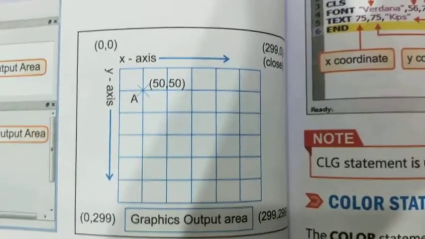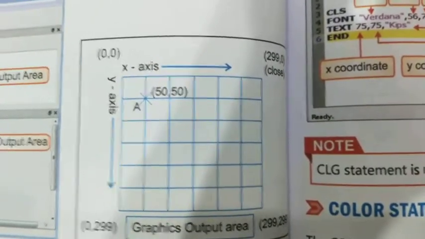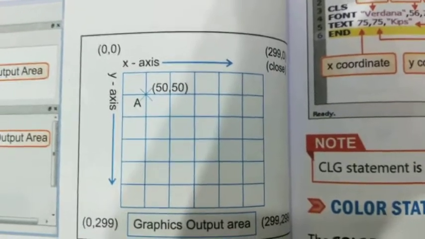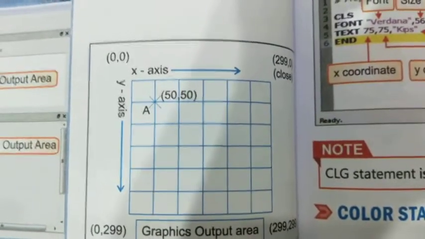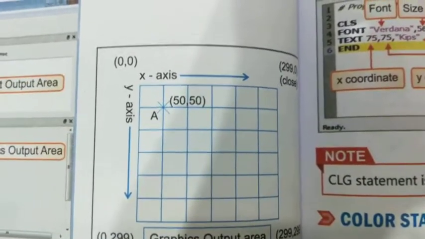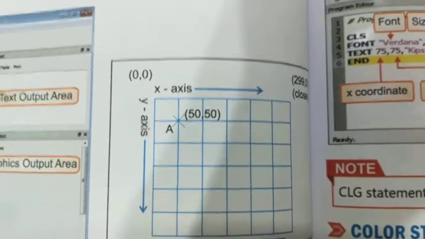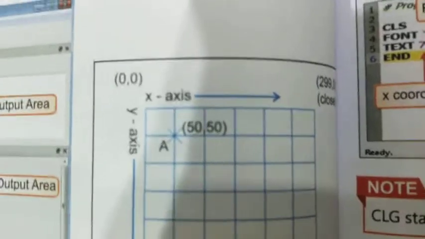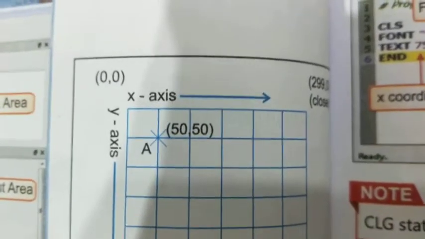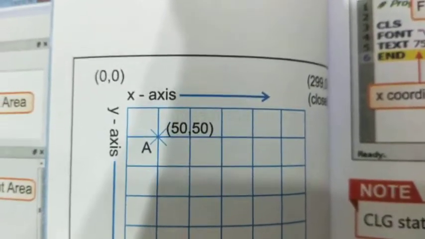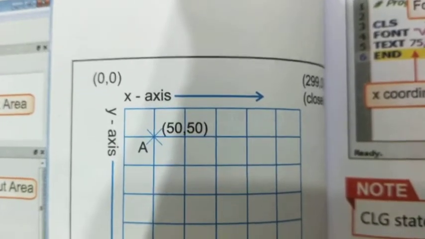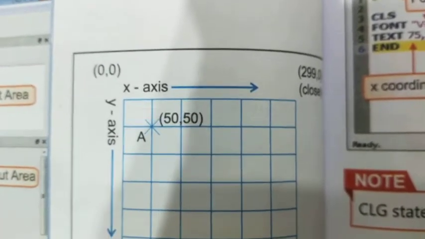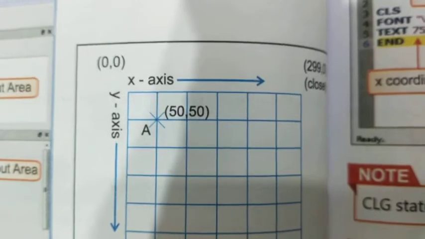For example, if 50,50 is written there, that means the 50th pixel in the horizontal line and the 50th pixel in the vertical line. So you see where the location of 50,50 is, that is point A. The horizontal axis is known as the x-axis and the vertical axis is known as the y-axis.